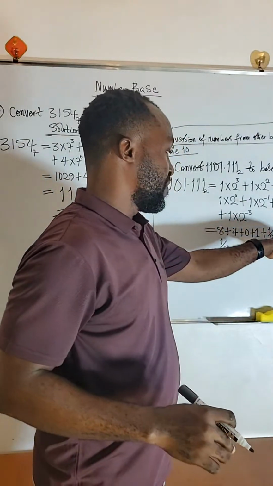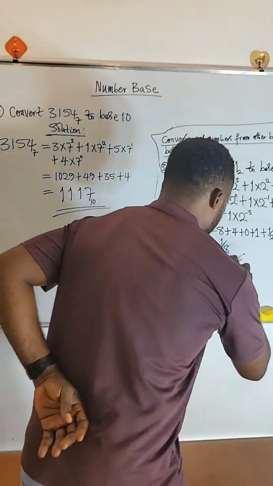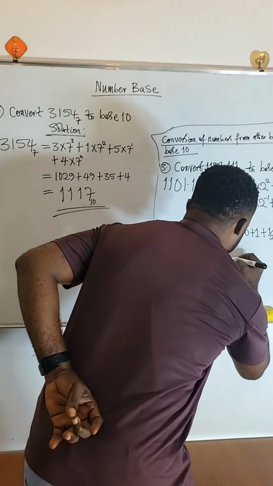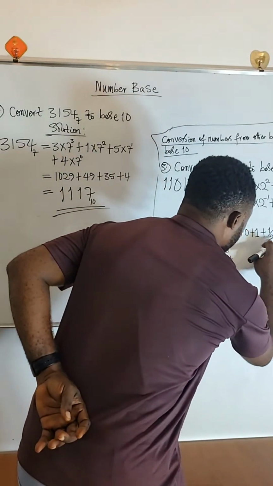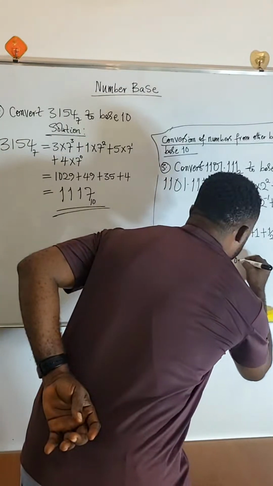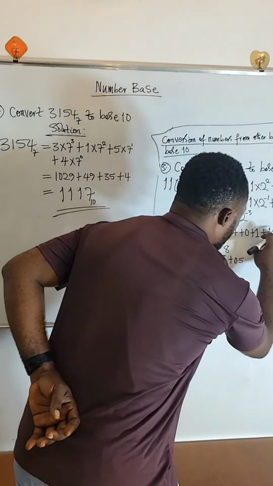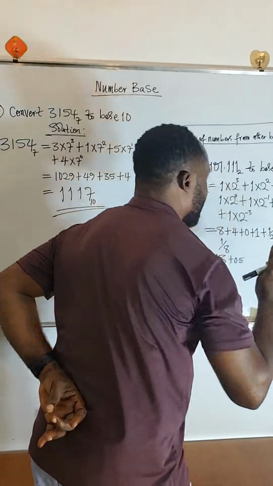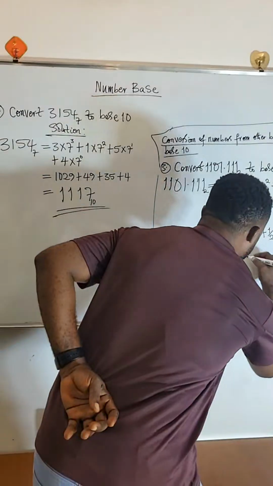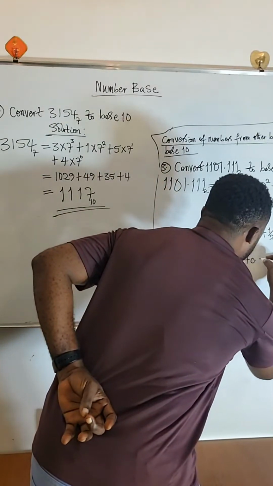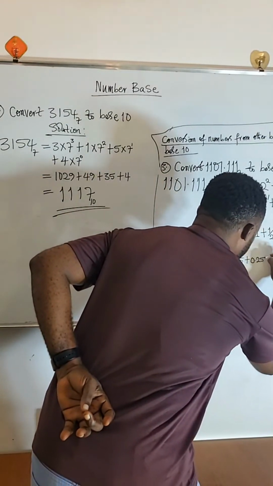We are going to do the fractional part. So 13 plus 1 over 2, which is the same thing as 0.5. 1 over 4 is the same thing as 0.25.